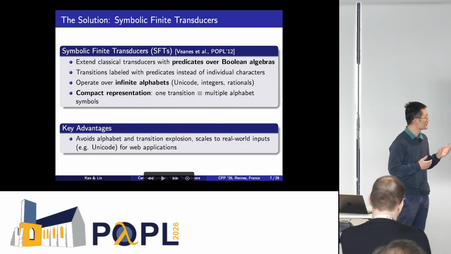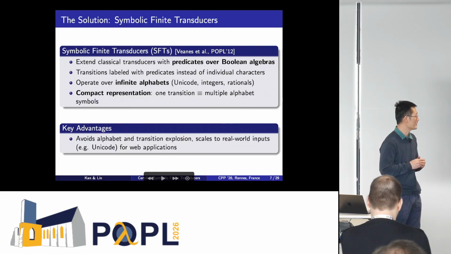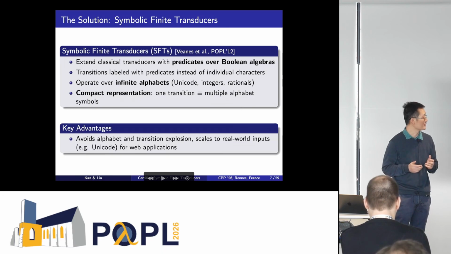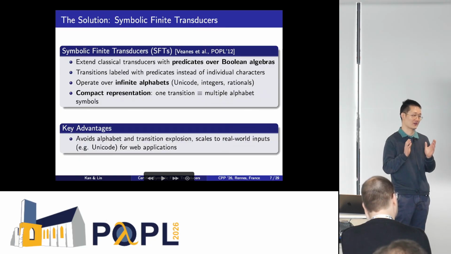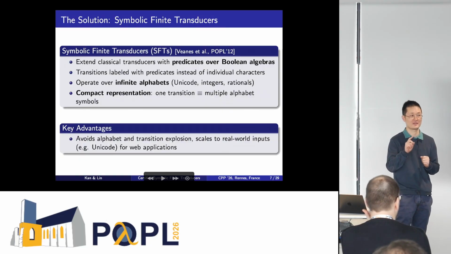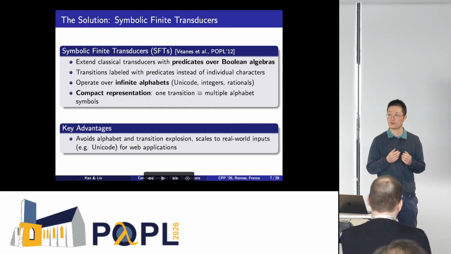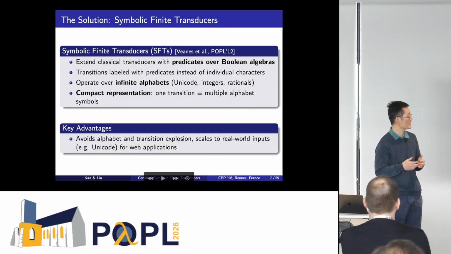On this slide I give a very boring, text-heavy definition of it. In classic transducers, the transition labels are just characters from the alphabet. But in symbolic transducers, they use predicates of a Boolean algebra. So that's what symbolic means.